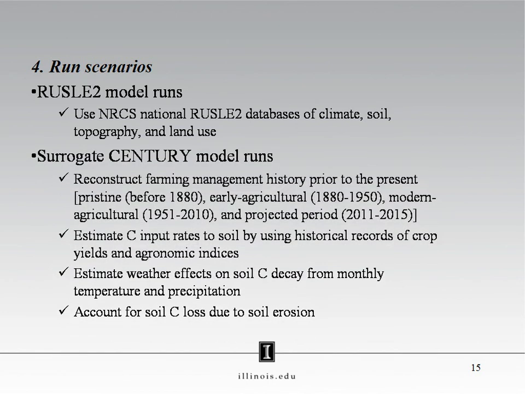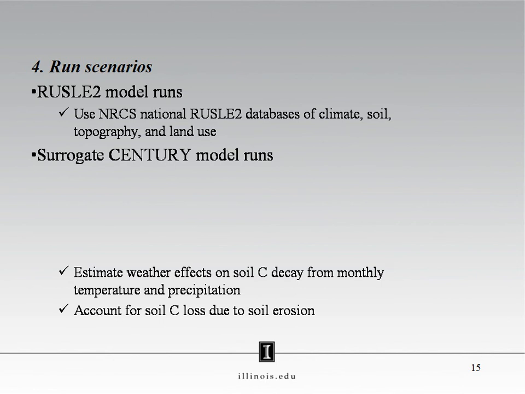It is a very good advantage of using RUSLE2. Compared to the RUSLE2 model run, the surrogate model run is quite complex. It requires first reconstructing the previous farming management history prior to the present period.